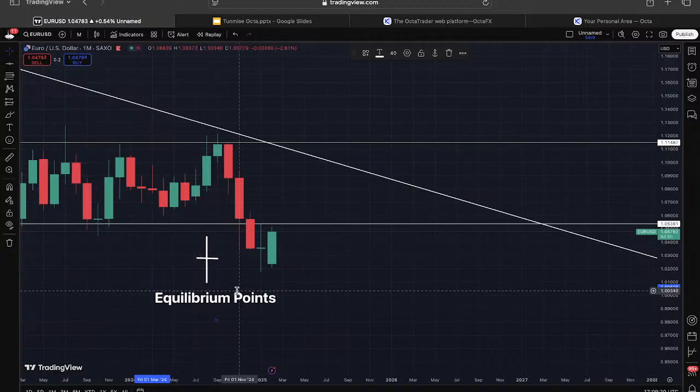Now, who can tell me what equilibrium point means? Any economics student? Who can tell me what equilibrium point means?